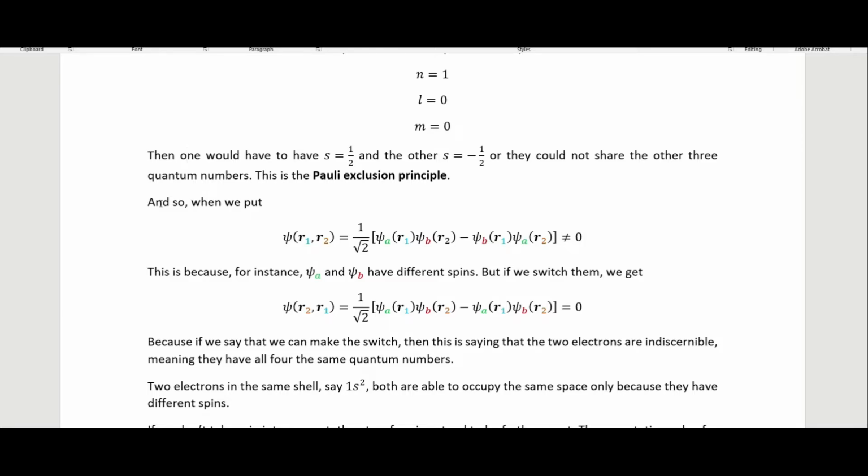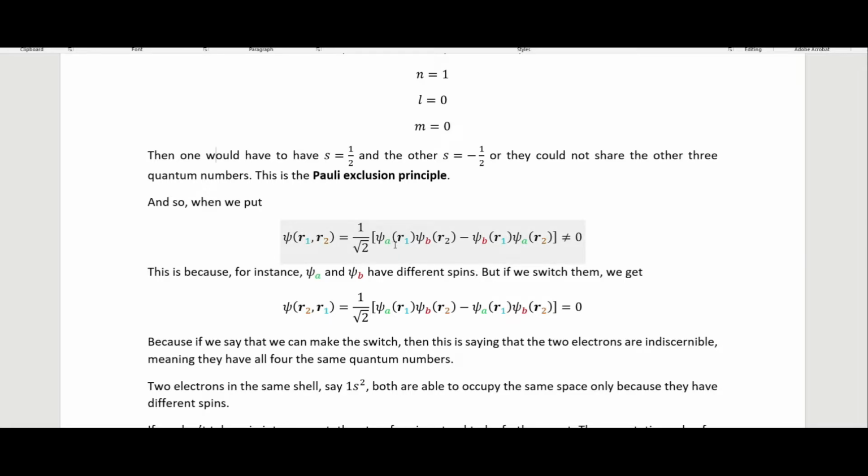symmetric and antisymmetric without spin, or essentially absorbing spin right into the wave function, if you will. So once again, this is called the Pauli exclusion principle. So if we have this where it's not equal to 0, this is because, for instance, the first and second state have different spins.